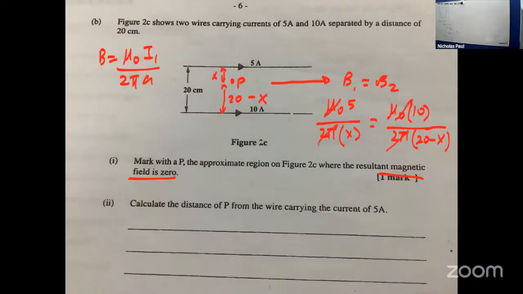You will get 10X is equal to 5 by 20 minus X. Then you solve for X. Right, 15X is 100. X is 100 over 15. That'll be centimeters. What is that? 6 point something?